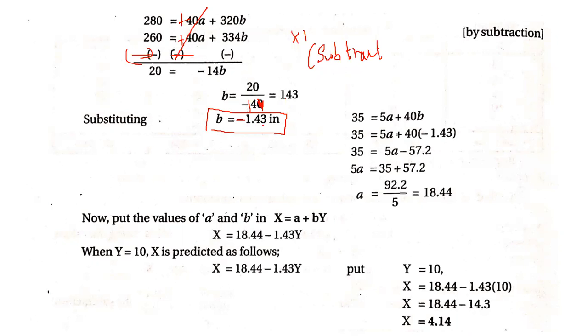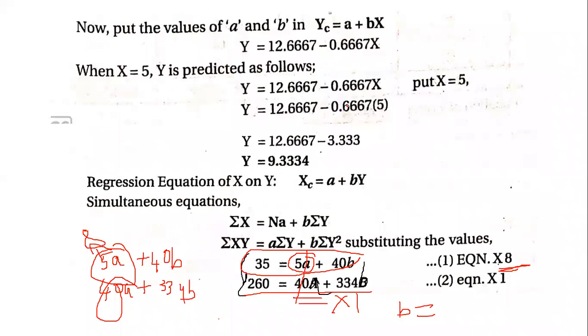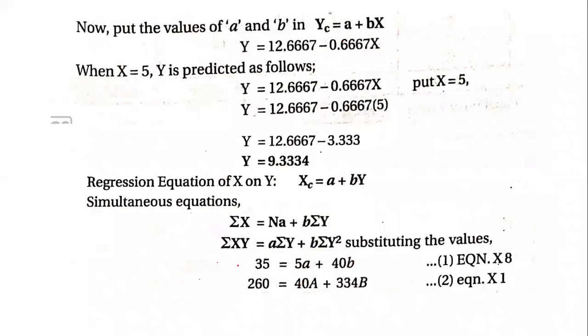Okay. Now substitute this value of b in any one of the equations. So we have taken equation number 1, that is 35 is equal to 5a plus 40b.